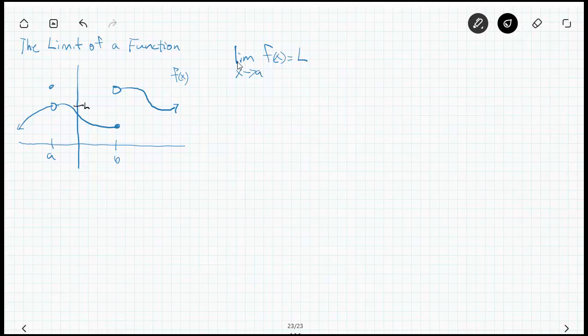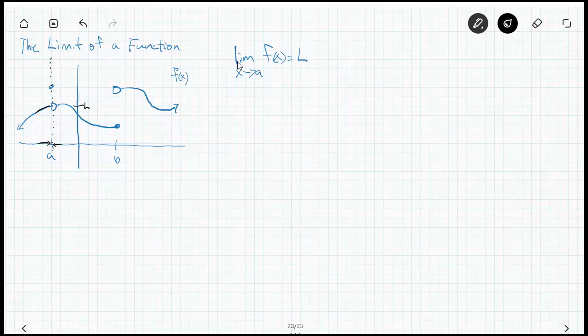All right, now this dental floss method of which I speak is, you're taking a piece of dental floss and you are draping it across A. I want to be very clear here. You do not care what happens at A. You only care about what happens arbitrarily close to A. So it's as though if my fingers, I can't show you my fingers on here, unfortunately, but if my fingers get closer and closer to A from both sides, I approach A from both sides, and then I cruise up to the curve and I actually put my fingers on the curve.